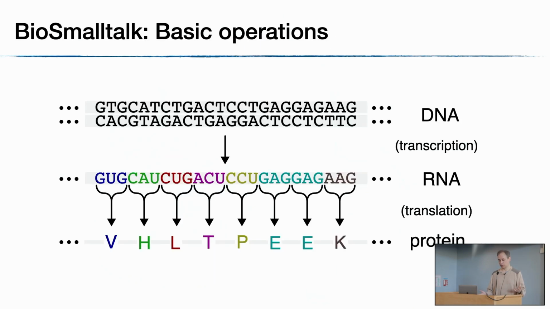And for the more functional part, this is of course an oversimplification. How does it work? So we have 2 strands of DNA, and we have a process which is called transcription. And transcription is essential to life.